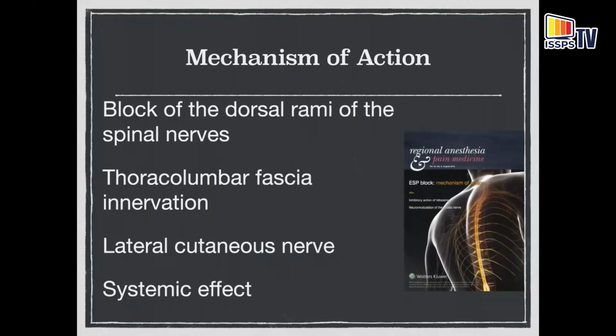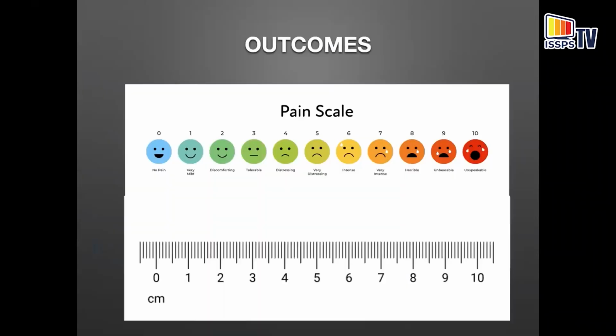Finally, the last reason why Erector Spinae block may be effective in some clinical practices. The outcome of interest is pain, and this is the outcome which is recorded in well over 90% of randomized controlled trials in the field of regional anesthesia. Measurement of pain is subjective.